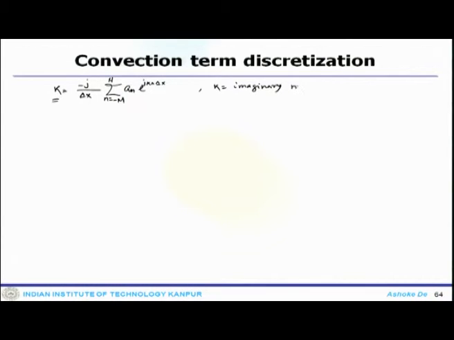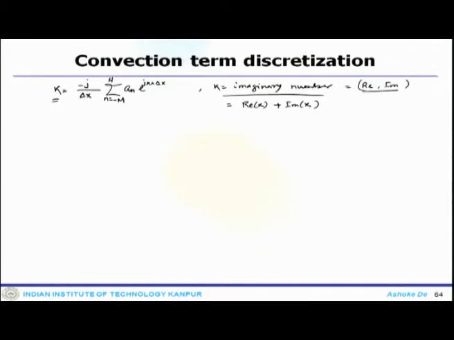Since k is imaginary, it will have two components, one real and one imaginary. So, it will have two components for this value k. Now, one can think about writing the real part of k plus the imaginary part of k.